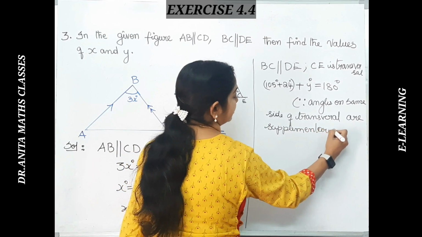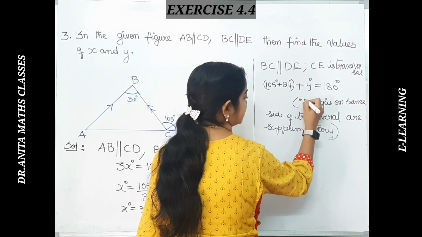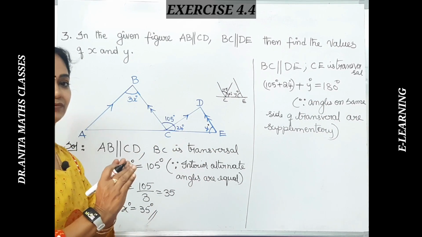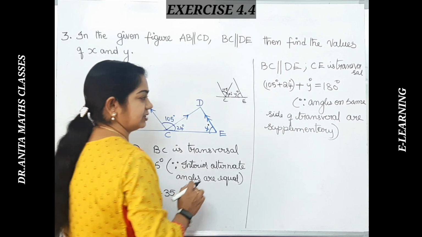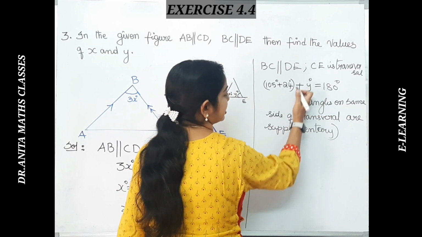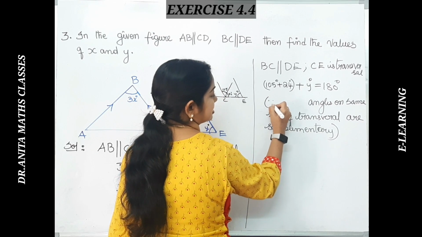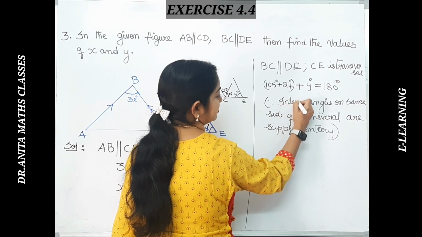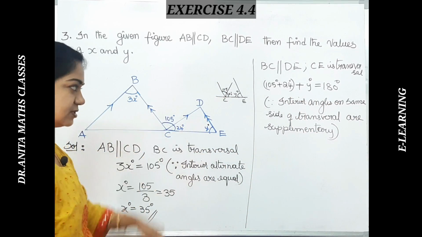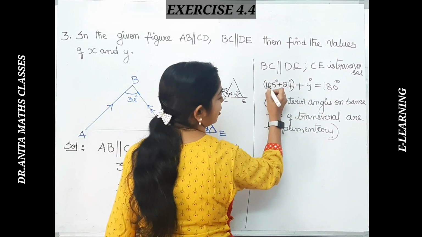Interior angles on the same side of the transversal are supplementary. This is a property of parallel lines, right? Let us write interior also. Since interior angles on the same side of the transversal are supplementary, we will add them.